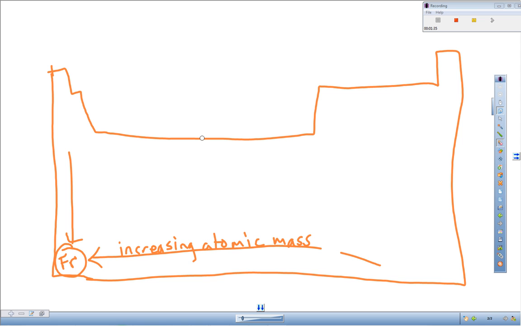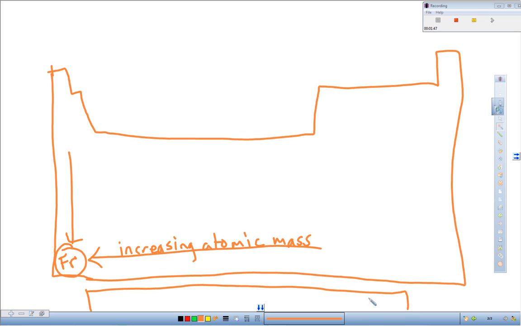You want to draw this on your blank periodic table to help you remember these periodic trends. My lanthanide actinide series is down here, so we're ignoring them. And this is increasing atomic mass. Francium is the largest radius. Mass, not mass, my bad. Radius.